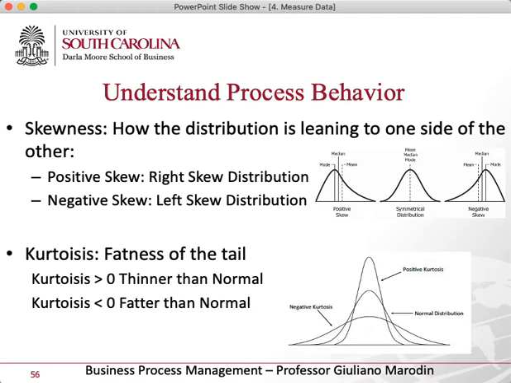If it's a positive kurtosis, it's a thin distribution, thinner than normal, so a lot more of the observations are closer to the mean and a lot less are far away from the mean. If it's a negative kurtosis, we have a fat distribution, so a lot less are close to the mean and a lot more are far away from the mean.